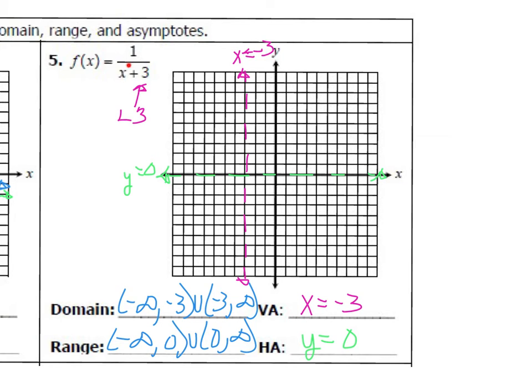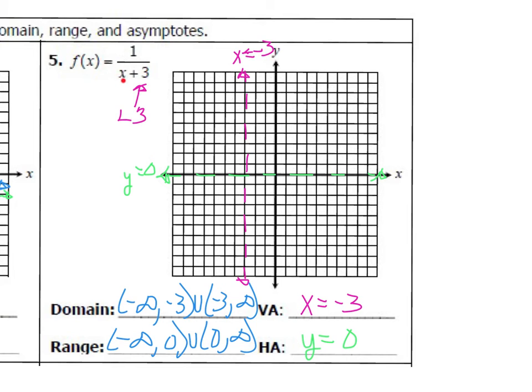Again, because this is +1, there's no reflection over the x-axis. So I know my branches are going to be on this quadrant and on this quadrant. So you can go ahead and just plot them if you want to. I'm going to prove to you one more time. I'm going to plug in a value. I could plug in 1, but the problem with plugging in 1 is it still creates a fraction here. So the best thing for me to do is perhaps turn this 3 into a 1.